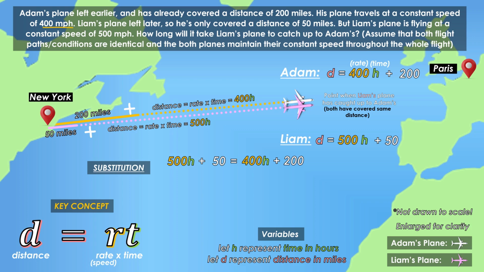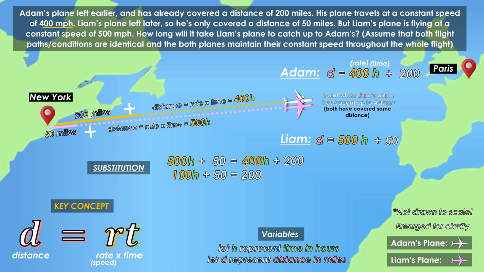Now we simply solve this like we would any regular equation. We first have to get our constants on one side and our variables on the other. So let's subtract both sides by 400h. This gives us 100h plus 50 equals 200.